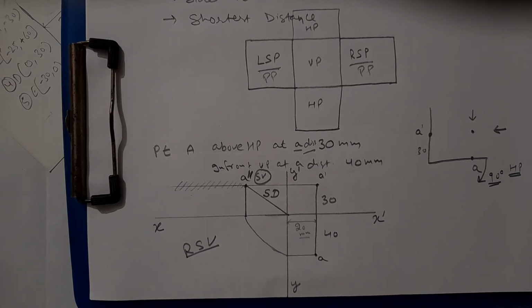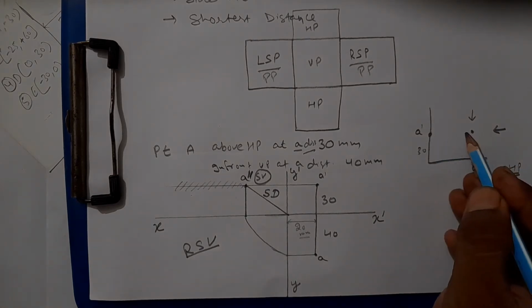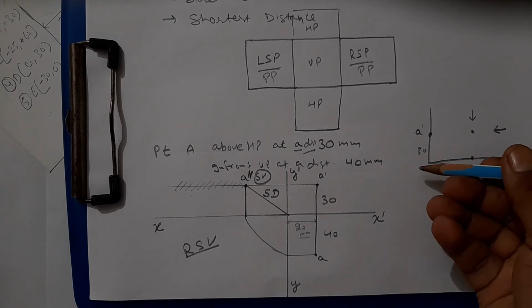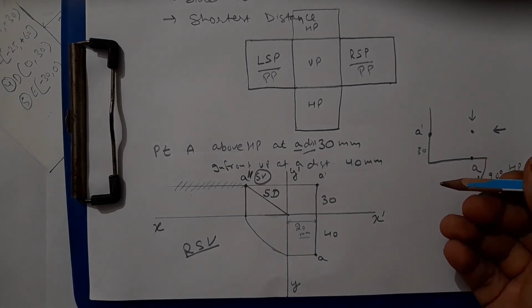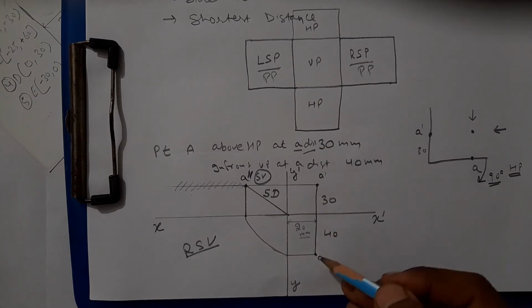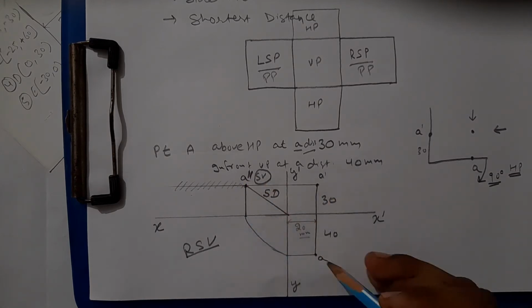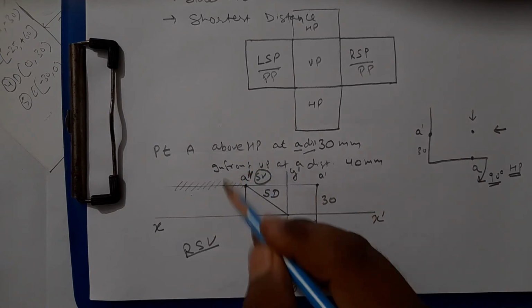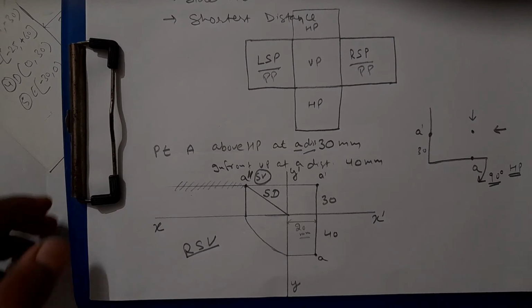In the same way, when we are plotting the top view, the distance from the vertical plane and from the profile plane will remain the same. That's why we plot the top view like this and equate. The combination of A dash and A will provide you A double dash. This is the side view.